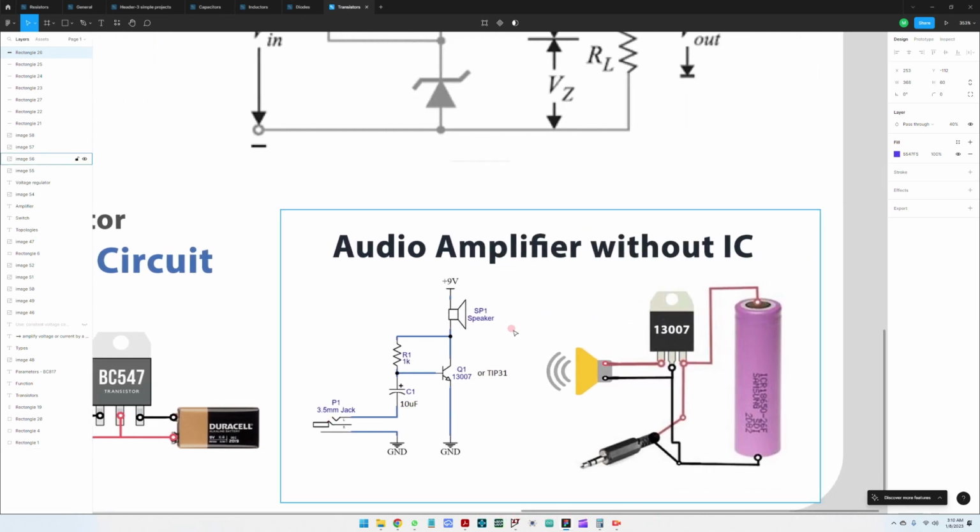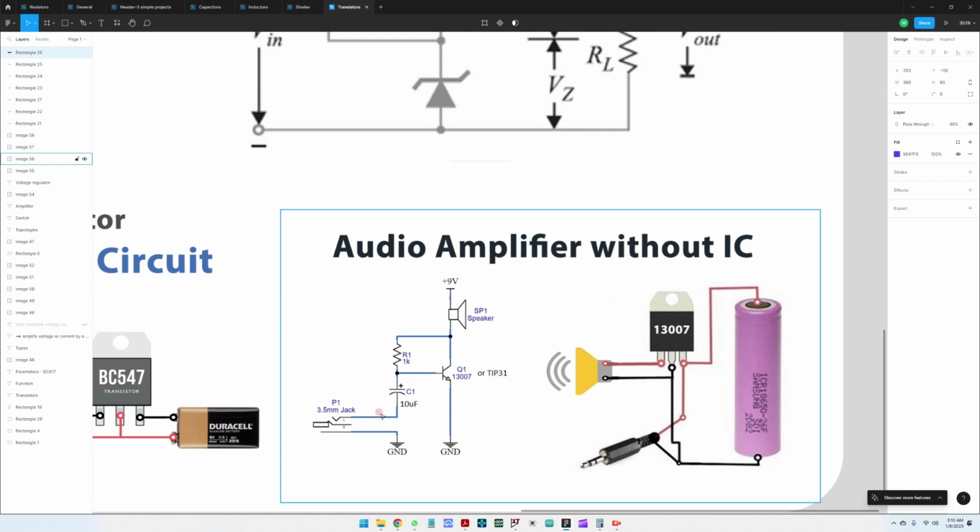And this is another circuit. It's even simpler than the previous one. Here there is a 9 volt battery, there is a speaker, and here it's a 13007 transistor or a TIP 31 transistor.